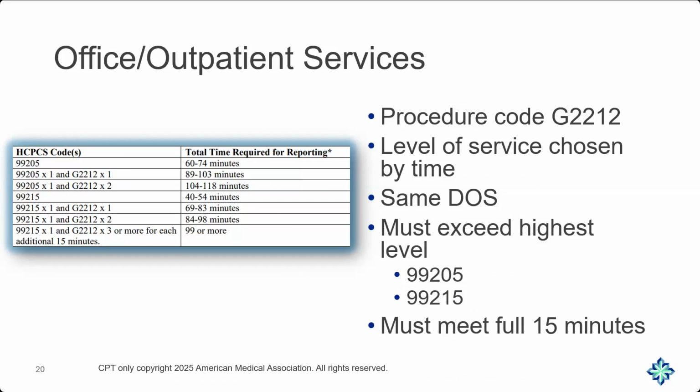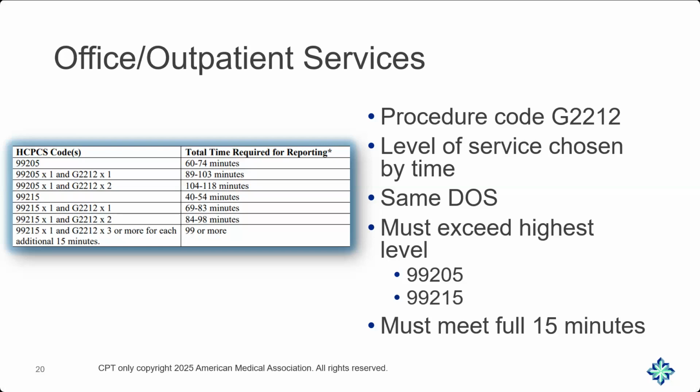Here you'll see, for instance, 99205, if you have 60 to 74 minutes, you are still just billing that base code. You would not be able to bill for prolonged care until you hit the 89-minute threshold. I know that's not 15 minutes past the maximum, which is 60, that's 75 minutes. But these are the thresholds that CMS has set.